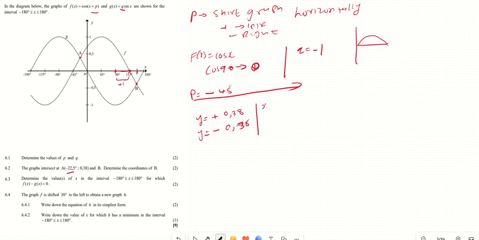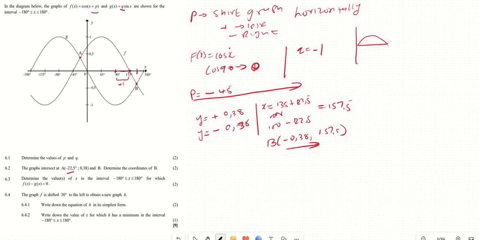So x is equal to 135 plus 22.5, or it's 180 minus 22.5, which gives us 157.5. So our B here is 0.38 and 157.5. That's how we get B.